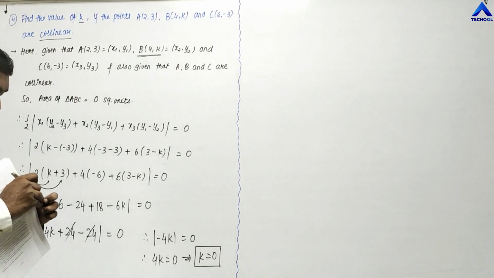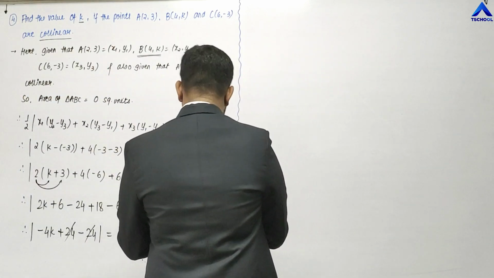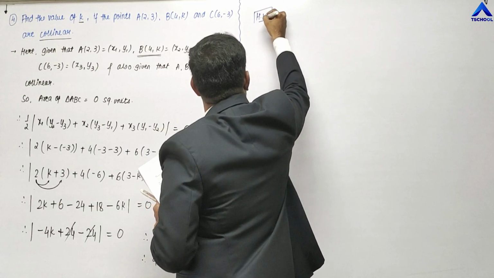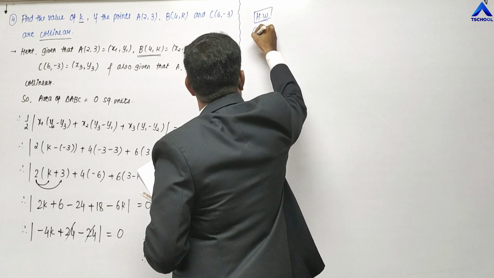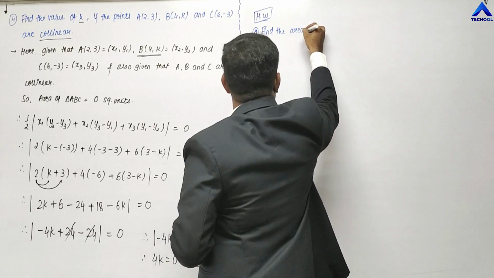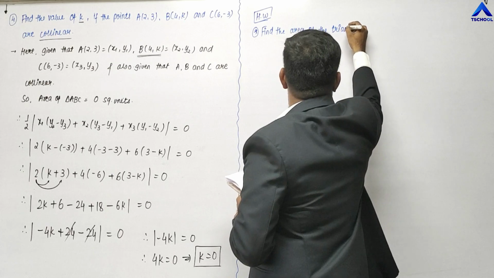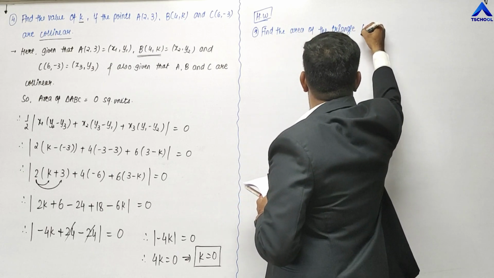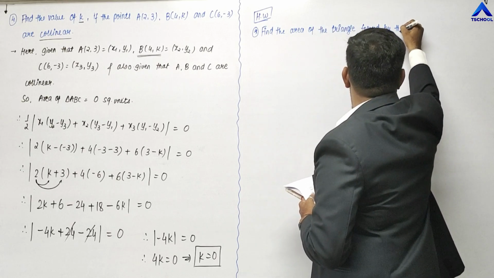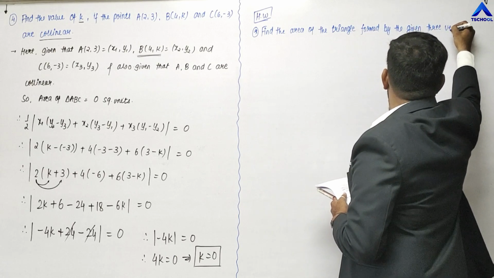Now I shall give you some questions that you will do by yourself. The homework: find the area of the triangle formed by the given 3 vertices.